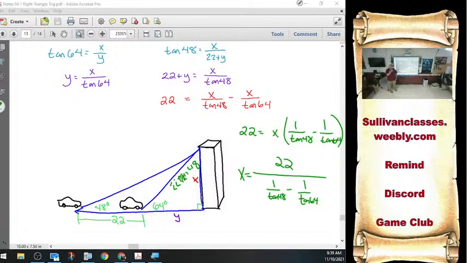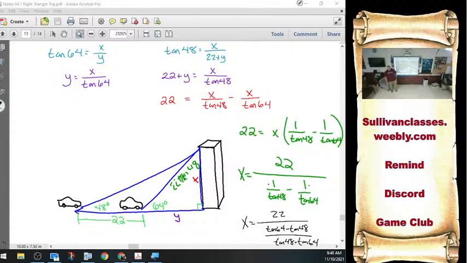Do you remember common denominators? Could I take this times tangent of 48, this times tangent of 64, and now it's a rational expression? Scares me. Tangent of 64 minus tangent of 48 over tangent of 48 times tangent of 64. Common denominators, right?